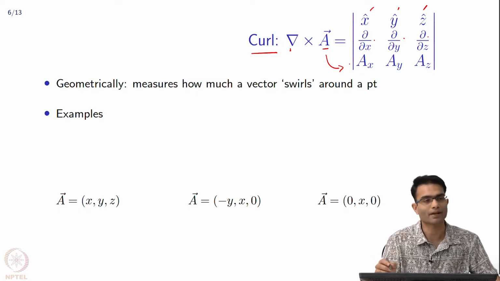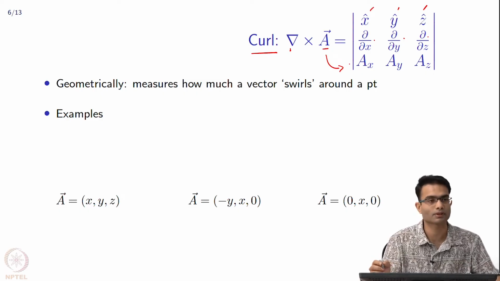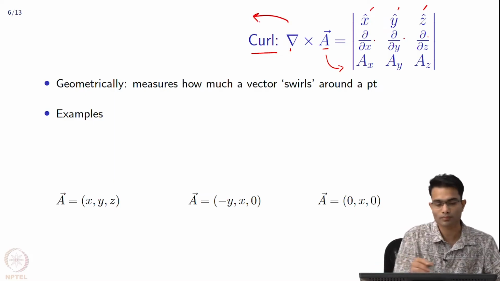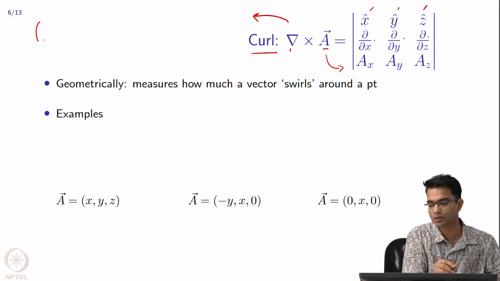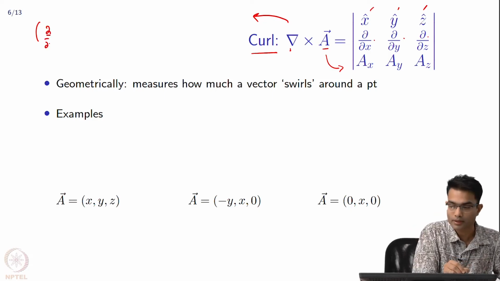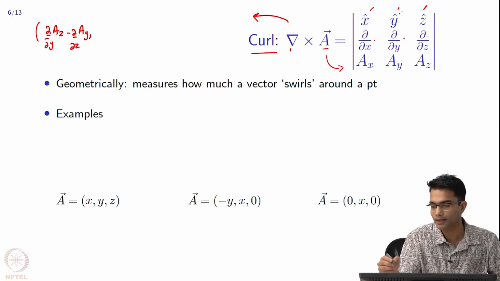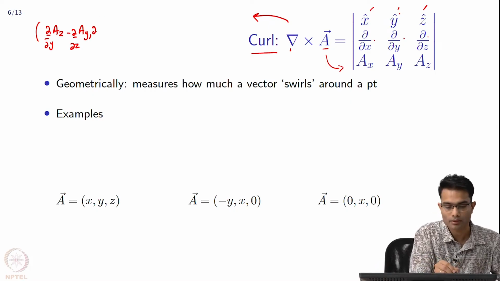We all know the rules of the cross product. If I write this in component form, let us write it in bracket form. The first component will be del by del y of A_z minus del by del z of A_y. The next component, along the y hat direction, is del by del z of A_x minus del by del x of A_z.